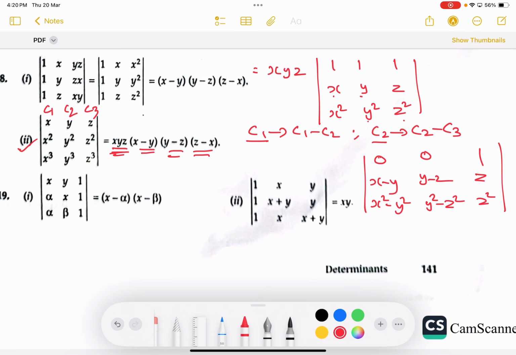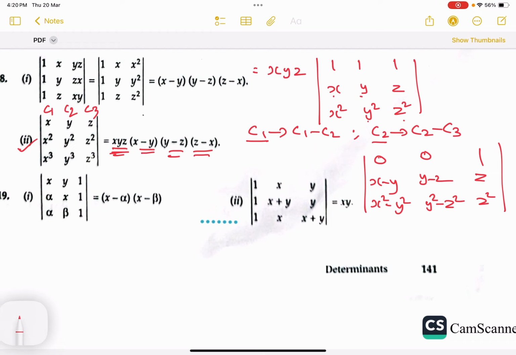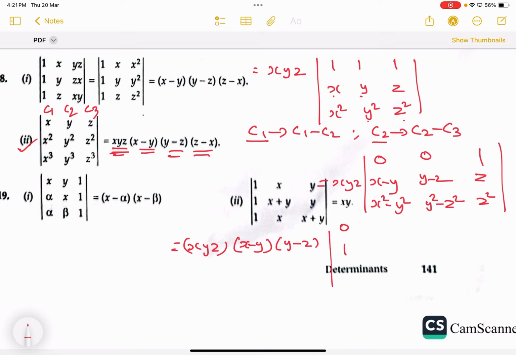So now, from column 1 take x minus y outside, from column 2 take y minus z outside. Already we have x, y, z outside, right? Don't forget. So x, y, z. From column 1 take x minus y, and from column 2 take y minus z. So it will become 0, 1. What will be the last column? X plus y.